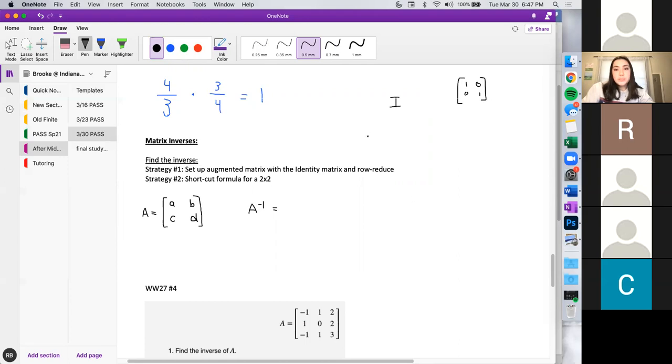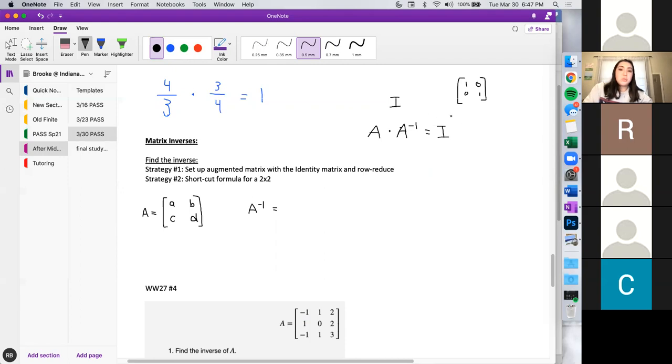So if I had a matrix A times the inverse, which is denoted by this -1 superscript, so this is A times A inverse, if they are indeed inverses of each other, they will multiply to equal the identity. That's the mathematical definition of them.